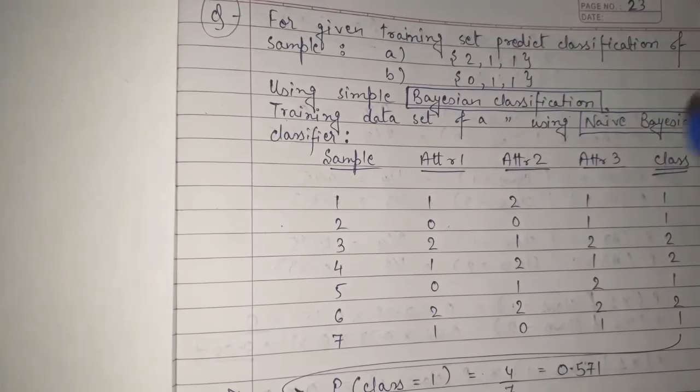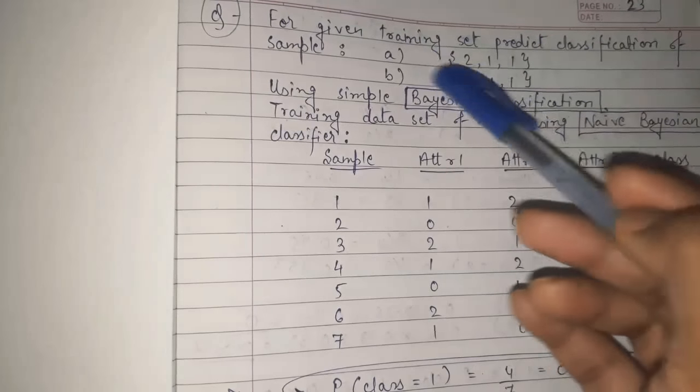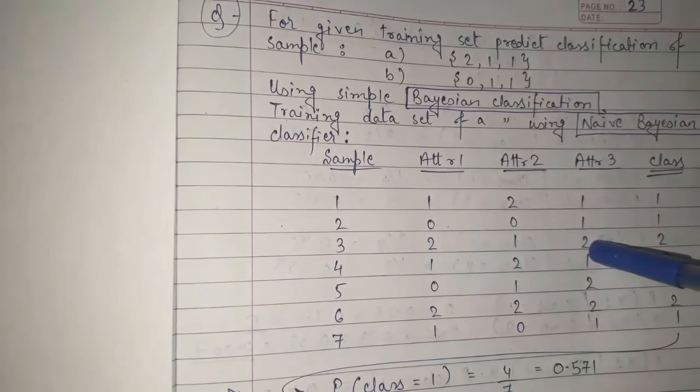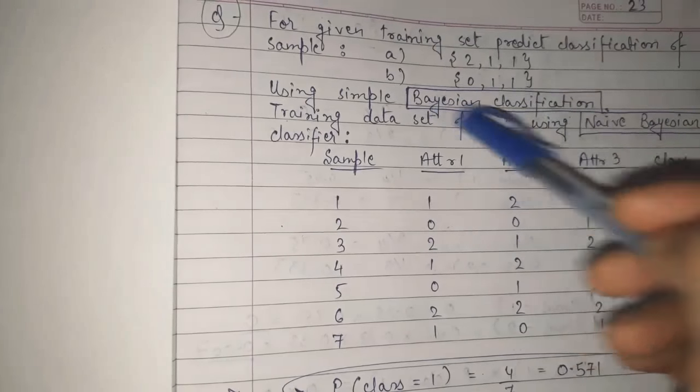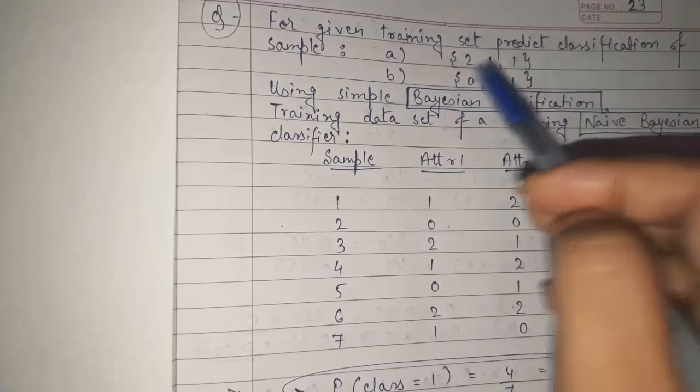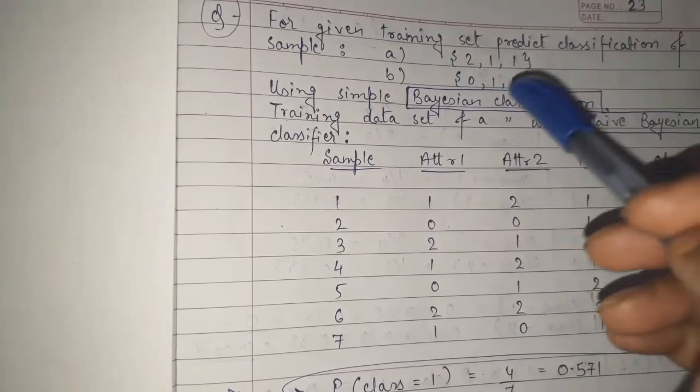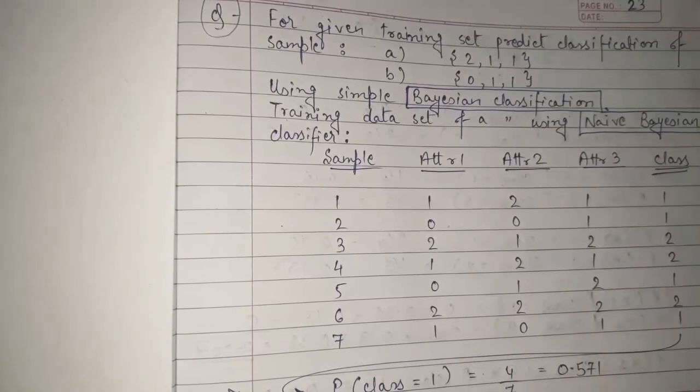But we don't know to which class this sample belongs. So this is the new sample whose attributes 1, 2 and 3 are given. Now applying Bayesian classification, we want to predict in which class this tuple will belong, either class 1 or class 2. Ultimately that's what we want to do.